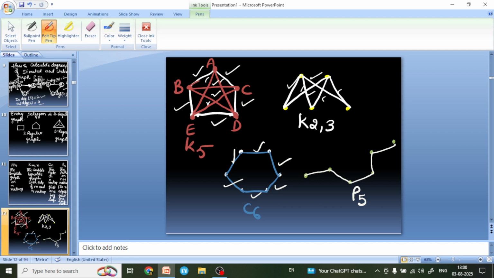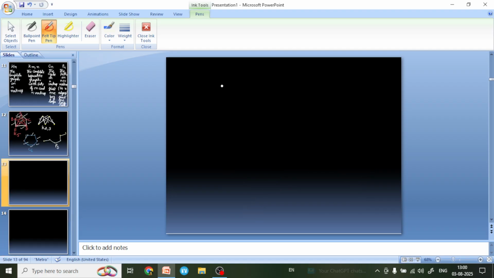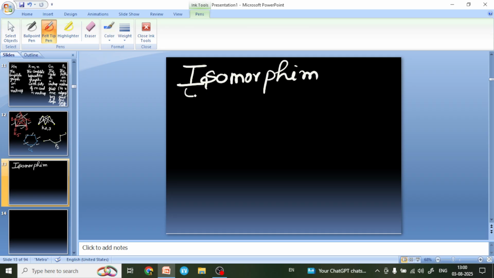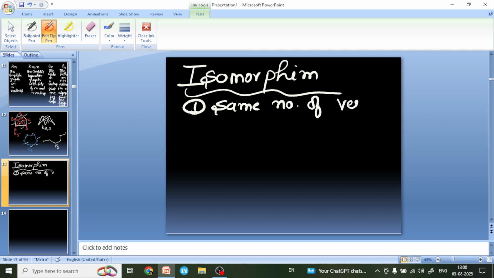Now what is isomorphism? Two graphs which include the same number of vertices, first condition, same number of vertices.